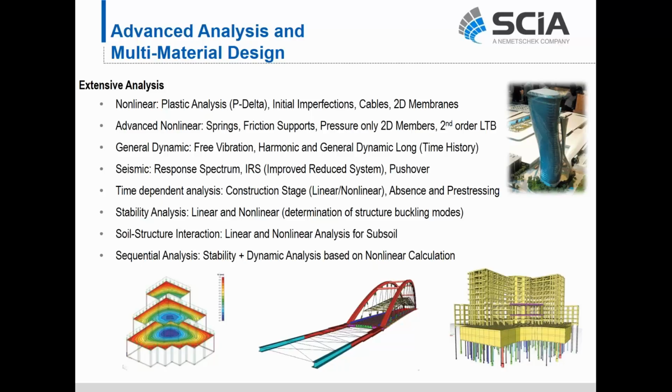Some of the more common ones are the plastic analysis, the P-delta, the ability to do the advanced nonlinear supports, bearing pressures. We've done webinars on seismicity and how we can apply those loads to a structure, and the soil structure interaction. So a lot of capability in terms of what SCIA can do.